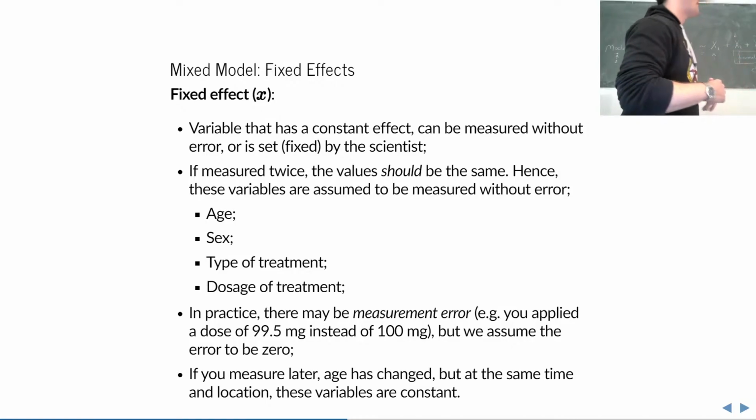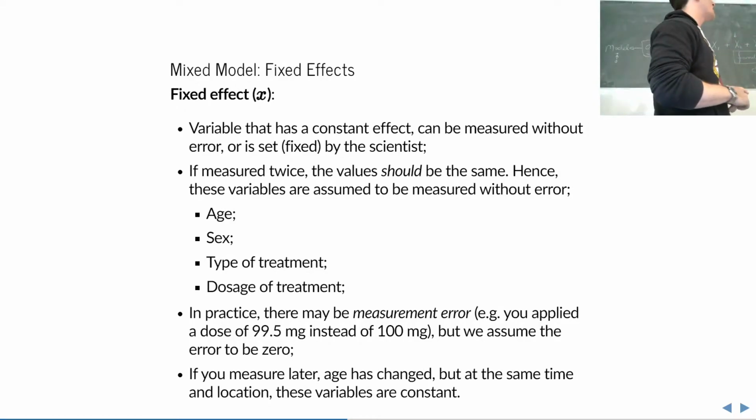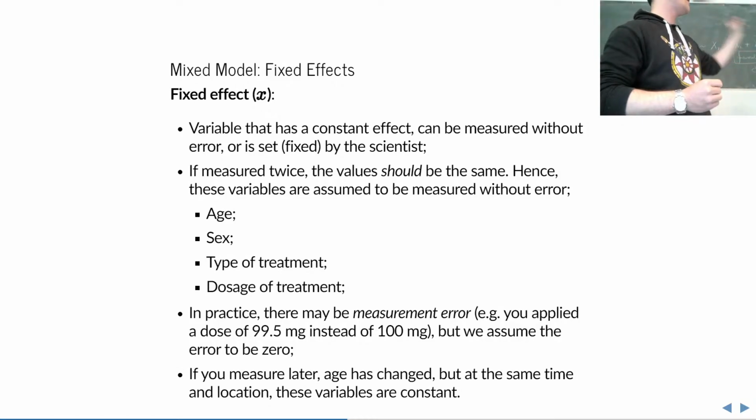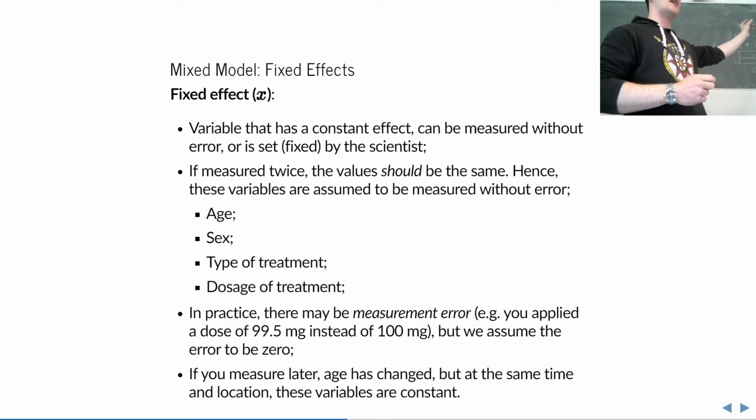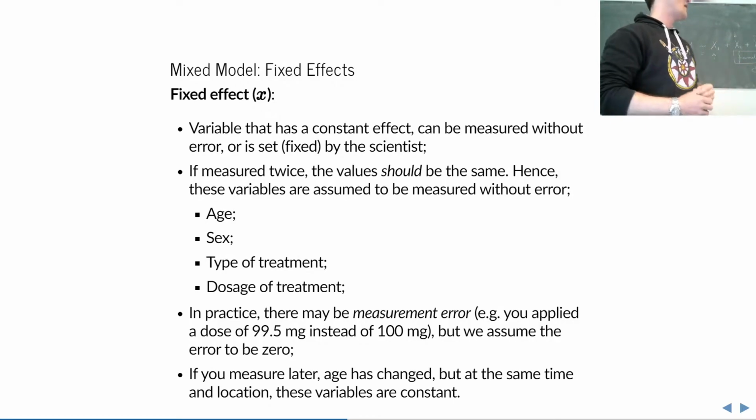Within the same study, within the same time frame more or less, you don't expect someone's age to change, you don't expect someone's sex to change, you don't expect it to change what treatment they had, nor the dosage of the treatment that they had. So concentration, type of treatment, sex, and age, those are fixed.